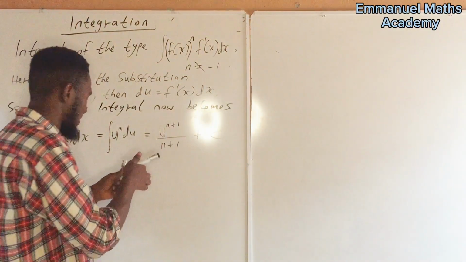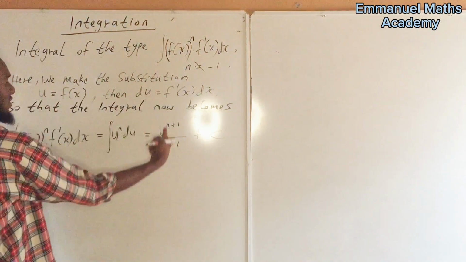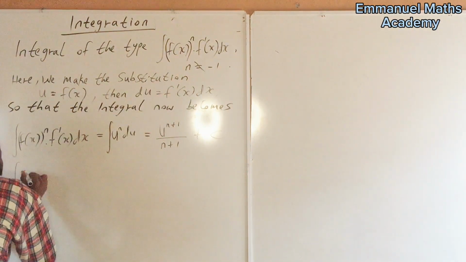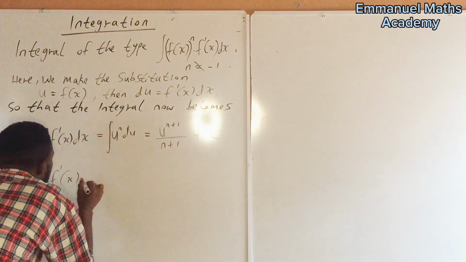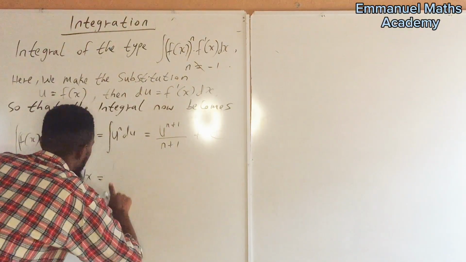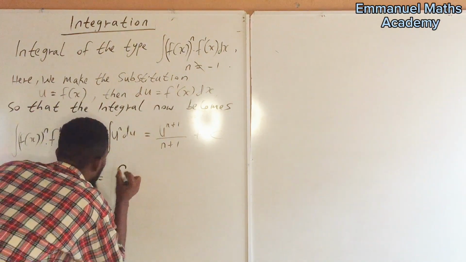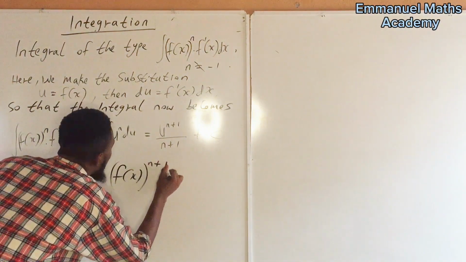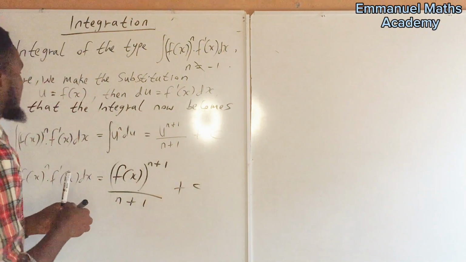Put in this form without substituting u, the integral of f(x)^n · f'(x) dx is equal to f(x)^(n+1) over n+1 plus c.